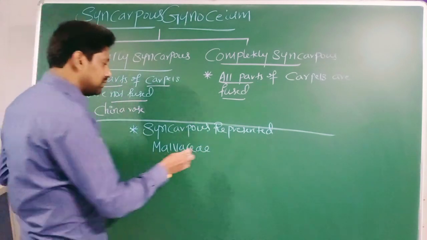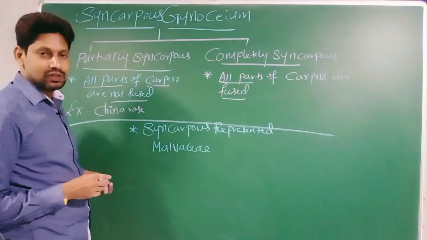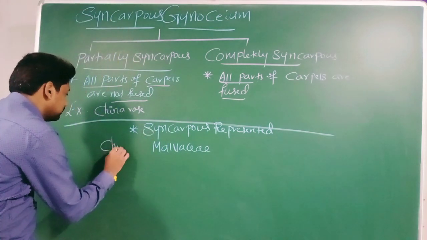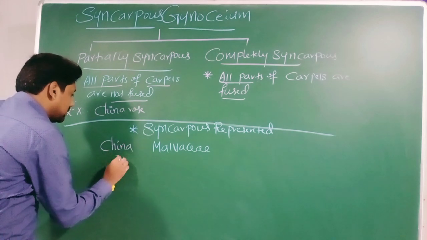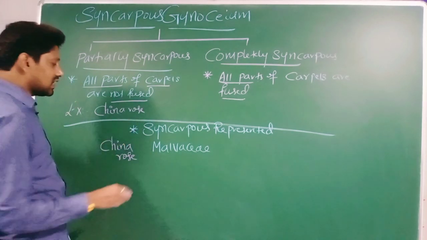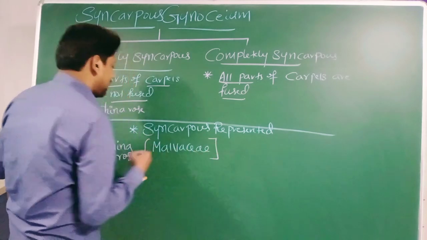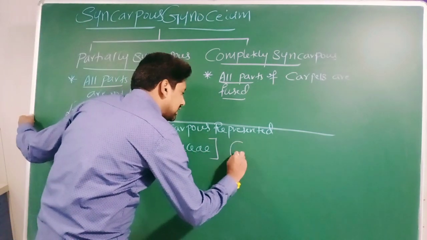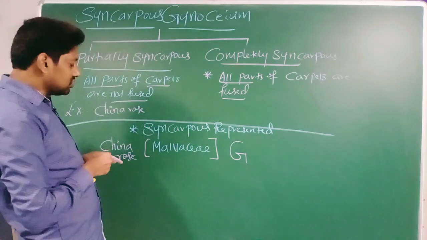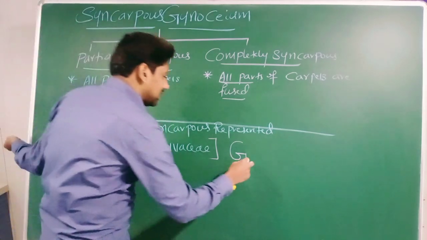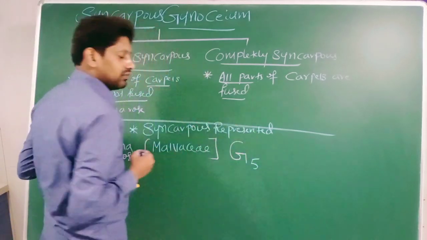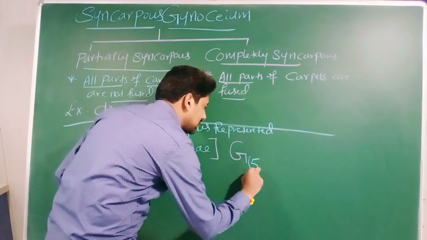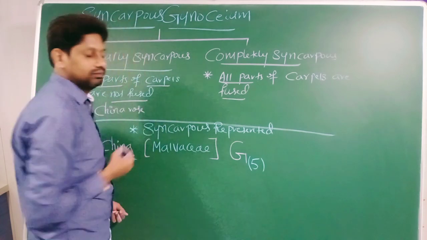For example, you take a China rose. This China rose belongs to the Malvaceae family. How do we represent the Gynecium? G. In China rose, how many carpels are there? 5 carpels. These 5 carpels are fused, so we have to keep this 5 inside the bracket.